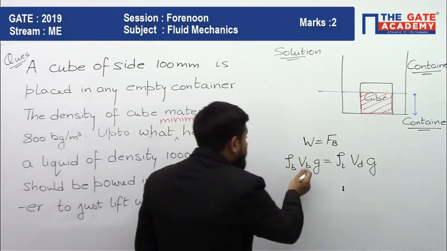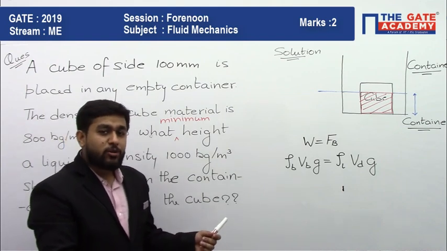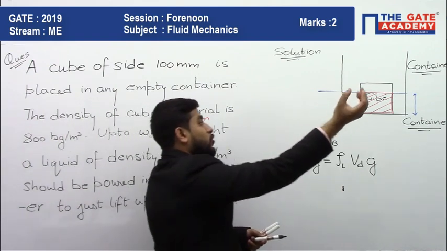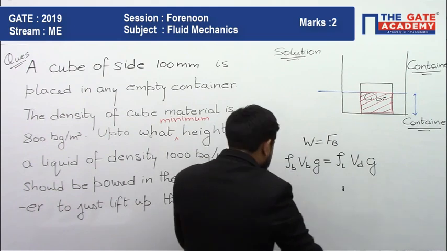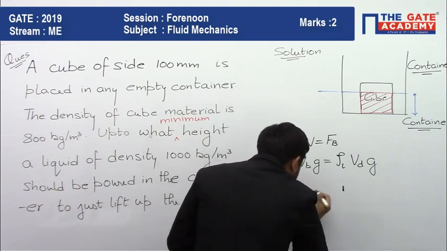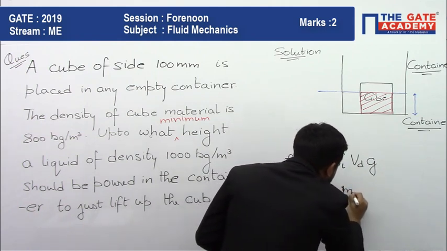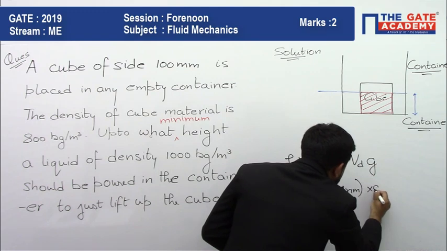Now the volume of body I can write as area of cross section of the body into total height of the body, and that total height is 100 mm. So you will have density of body into area of cross section of body into total height of body, which is 100 mm, and then there is a g also.